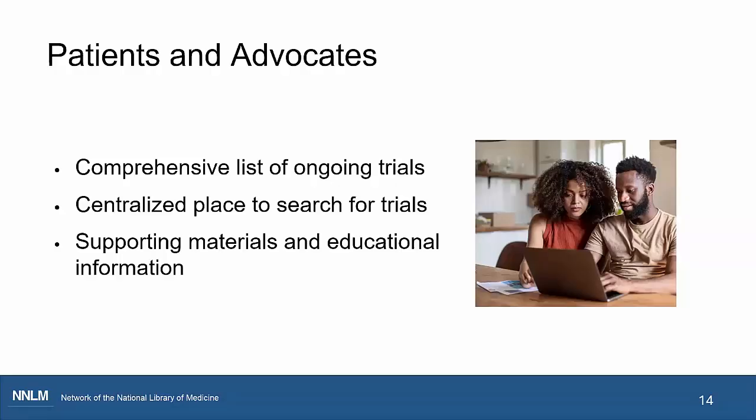The website also has supporting materials in plain language to aid in understanding the study record data, resource links for learning more about topics and treatments related to studies, and educational information on terminology, the clinical trial process, and the importance of participating in research.